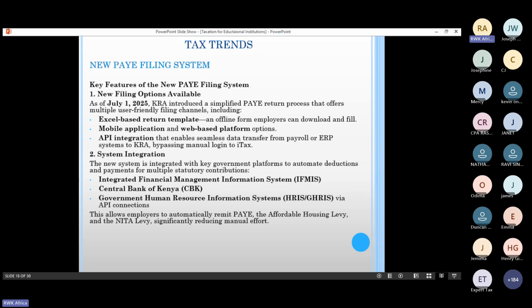So we have the integration with the Integrated Financial Management Information System, the IFMIS, Central Bank, Government Human Resource Information System via the API connections. So it will allow you to remit the pay-as-you-earn and the affordable housing levy, the NITA, without so much effort when doing that. So those are the changes that has happened with the pay-as-you-earn.